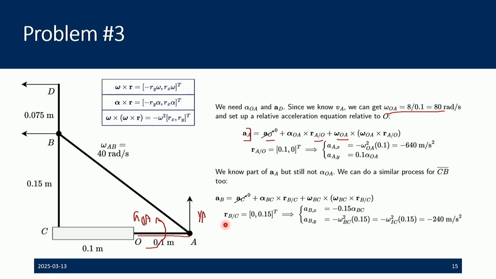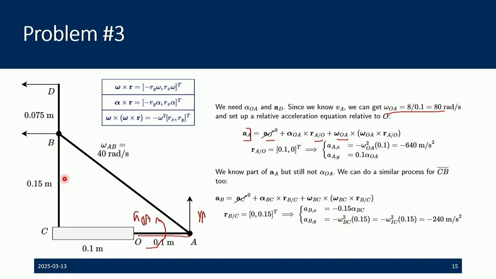The relative position vector of B with respect to C, you just go up by 0.15 meters to get from C towards B. So the absolute acceleration of B with the x component is minus 0.15 alpha BC. Again, alpha BC, we don't know it. This is an unknown. And the y component of the acceleration is minus omega BC squared into 0.15.